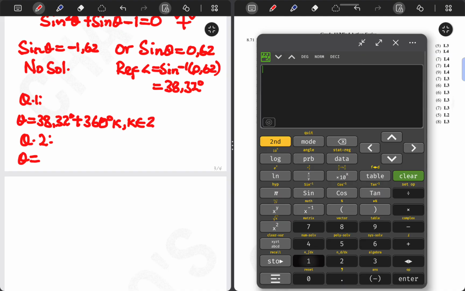Let's see. That will be 141.68 plus 360k.